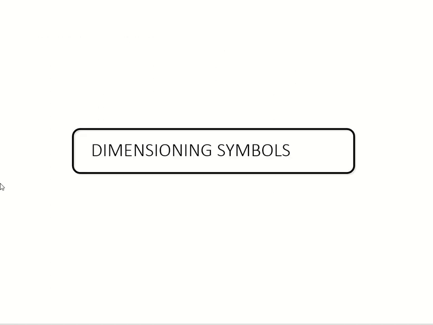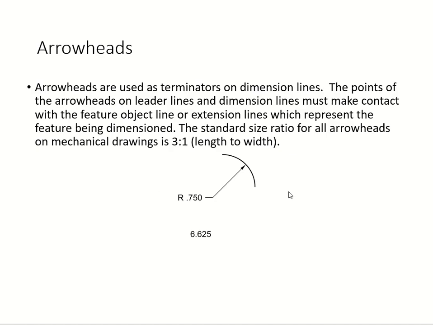Alright, that's about notes, and now we'll get into symbols. Arrowheads here. We use arrowheads as terminators on the dimension lines, the points of the arrowheads. This one is actually a leader line; a dimension line is a different one.